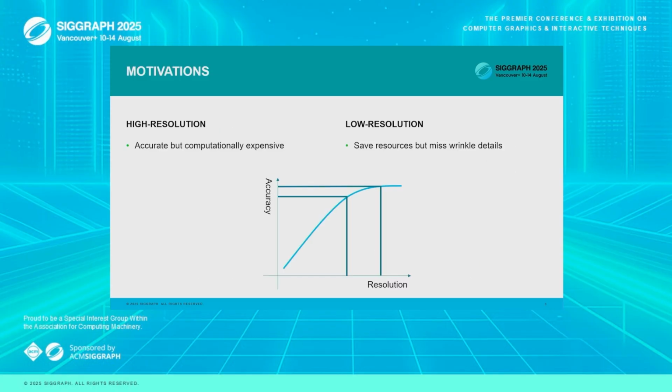Another key motivation is that simulation accuracy tends to plateau once mesh resolution goes beyond a critical point. In other words, increasing the mesh resolution further doesn't always lead to noticeable accuracy improvements. It just adds more computation.